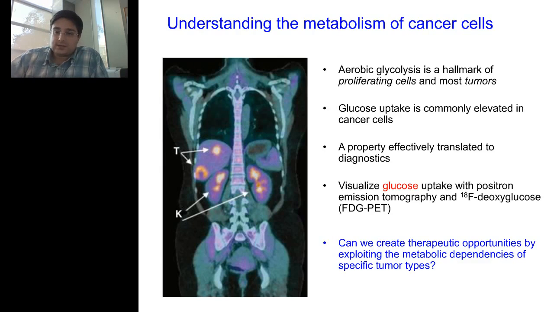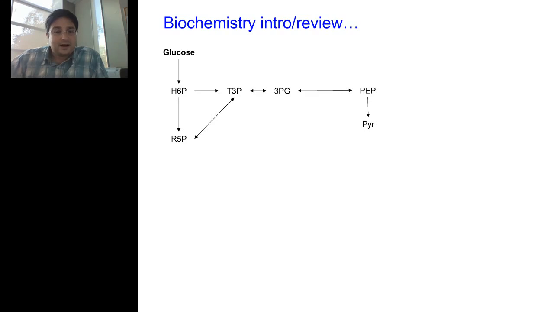In any talk like this, I always find it very useful to give an overview of central carbon metabolism, or intermediary metabolism, to refresh myself and the audience with these pathways, because we're going to be talking about them in good detail today. In glycolysis, glucose is lysed into 2 molecules of pyruvate.